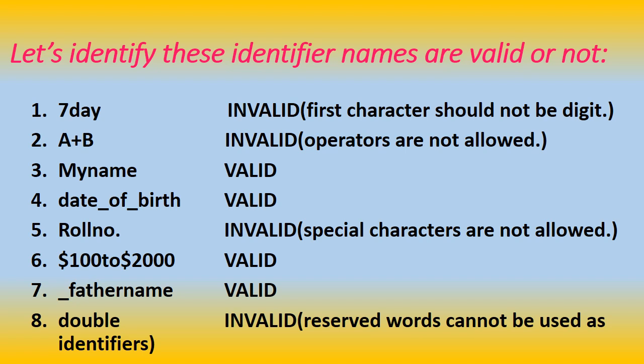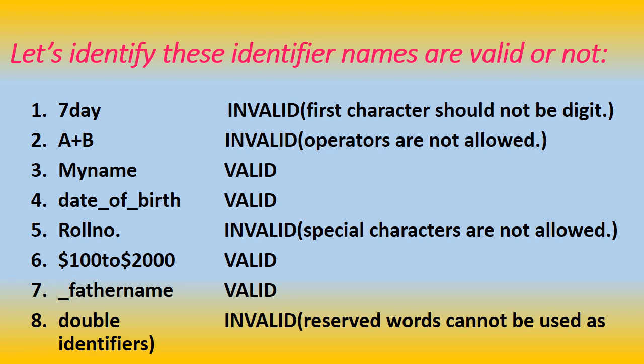First of all, 7-day. You can see here 7 is the first character of the identifier name here and it is written in digit. That's why it is invalid, because first character should not be digit.